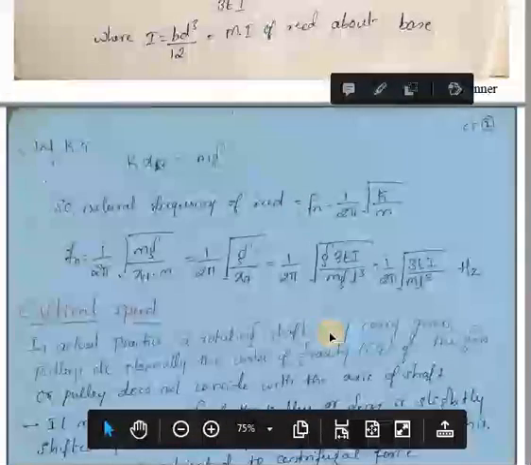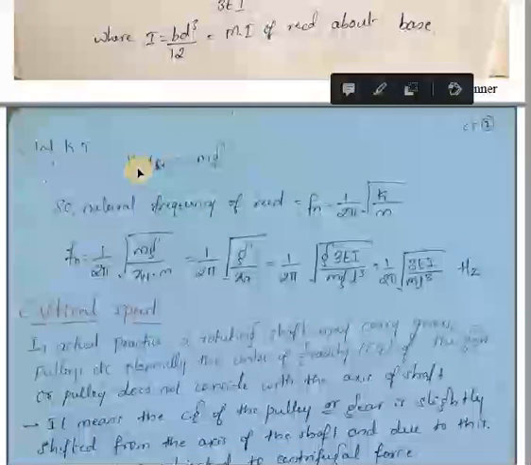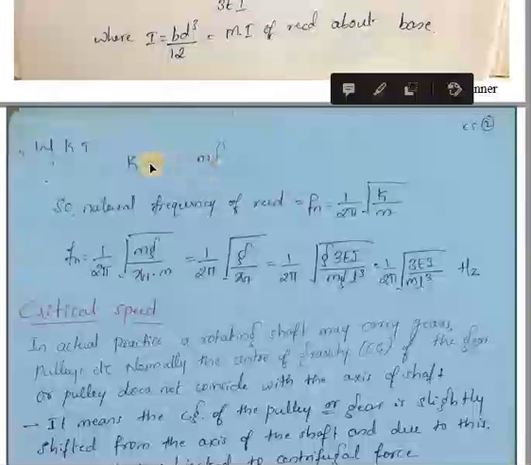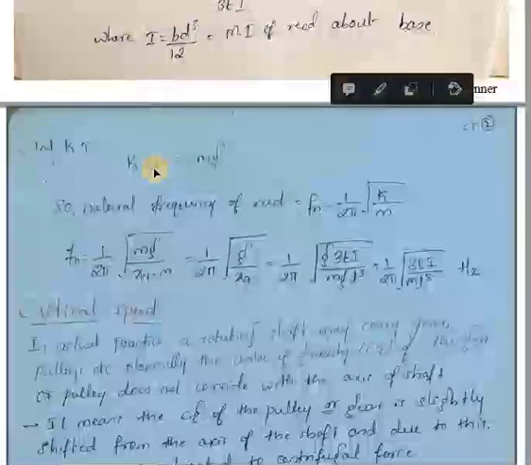Then we know that k into x static equals mg, that is, spring constant into deflection is the force, which should be equal to m into g.